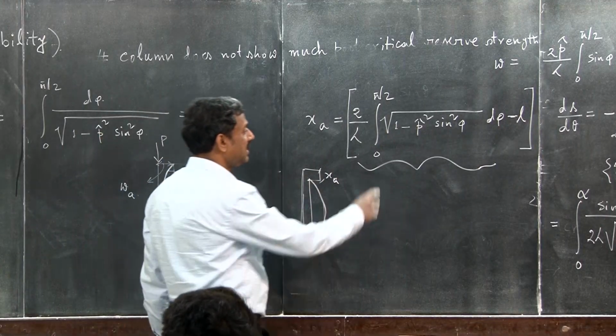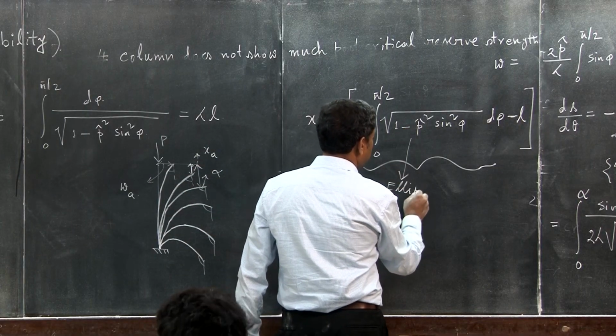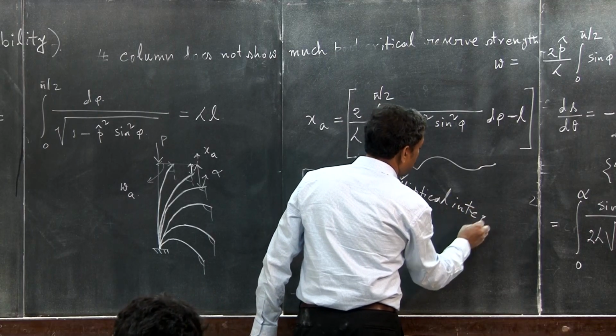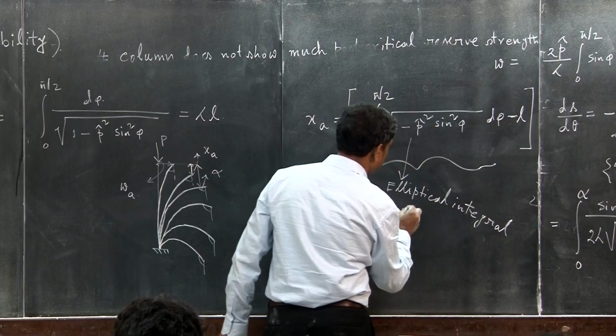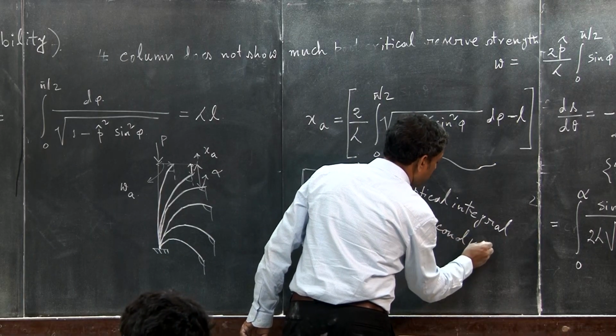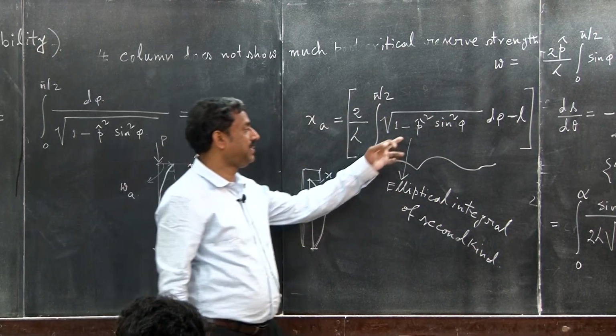This one is an elliptical integral of the first kind, and this is an elliptical integral of the second kind. Once again the parameters are P cap and phi.